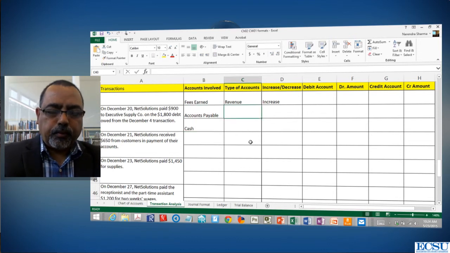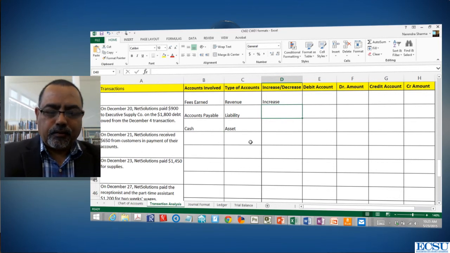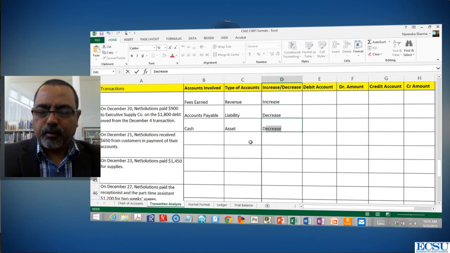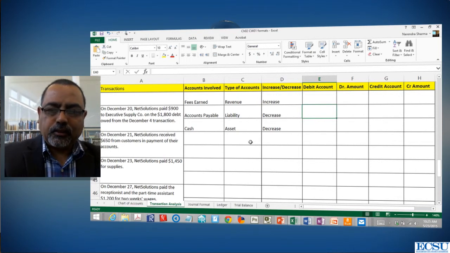Now, accounts payable is a liability, cash is an asset. Accounts payable is decreasing because I am paying 900 out of that 1,800, so therefore it should decrease. And cash is also decreasing because I'm using cash to pay that. Now, what should be debited? Accounts payable is a liability and it is decreasing, so it should be debited.